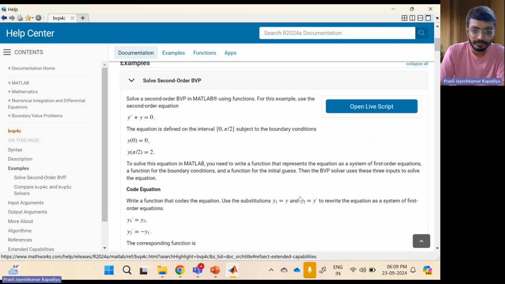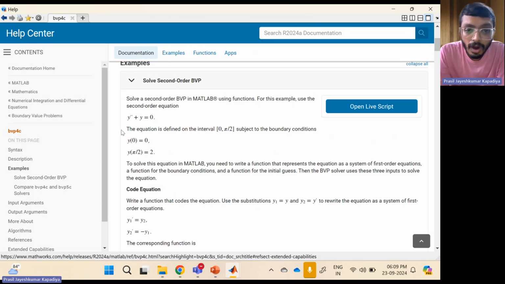If my y1 is y, then my y1 prime will be y2, and my y2 prime is nothing but minus y, that is minus y1.